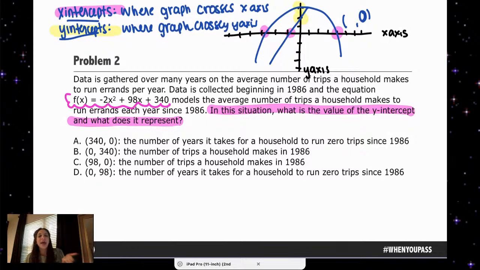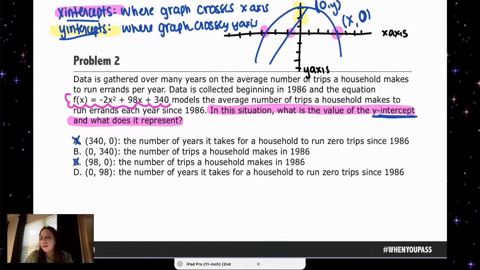So I know my x-intercept is going to have an x value and then 0. And I know that my y-intercepts are going to have a 0 for x because I was already at my elevator before I had to go up, comma y. So without even looking at my answer choices and really reading them through, I know if I'm looking for a y-intercept, A and C are out.